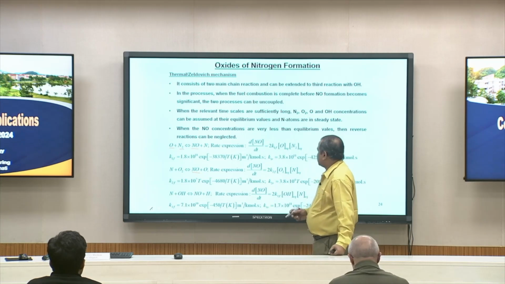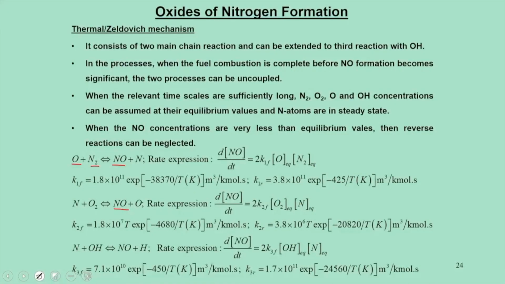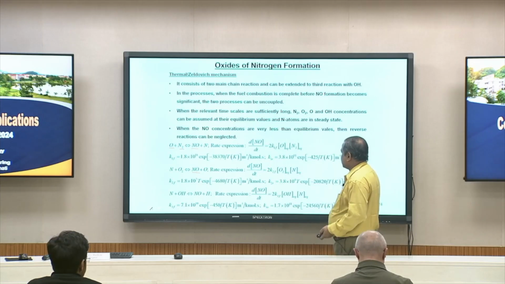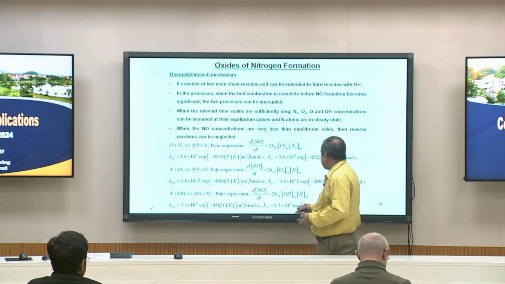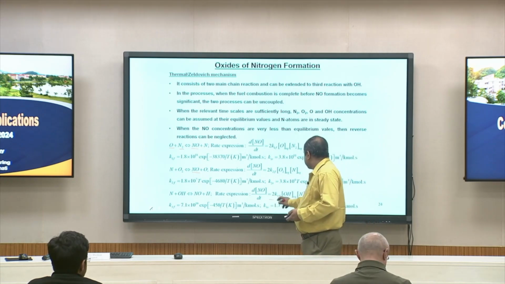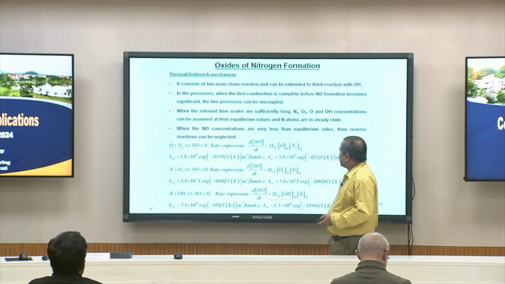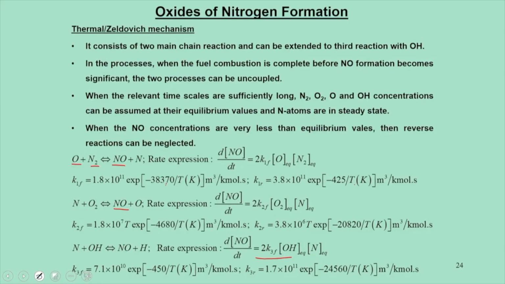They would have different values of rate coefficients, and they use these Arrhenius equations, and this number stands for the activation energy for that reaction. Finally, it is a function of temperature only. If you want to find the concentration of NO at any point of time, the final equation boils down to this, where OH and N are concentrations at that situation.